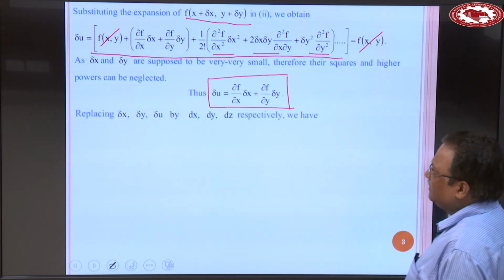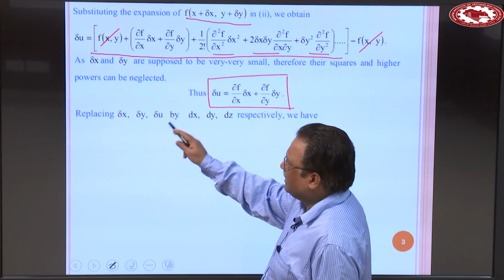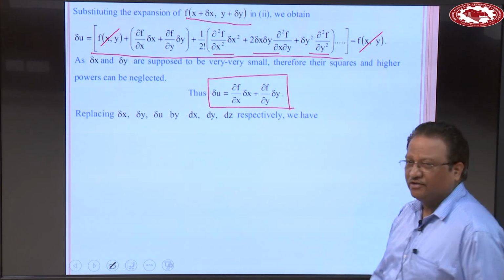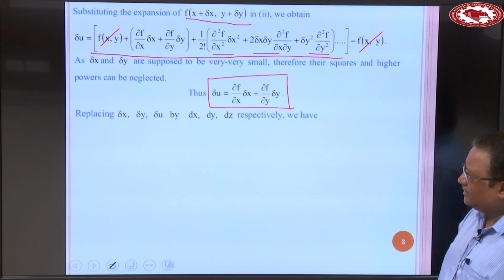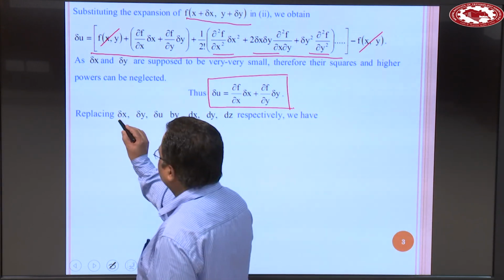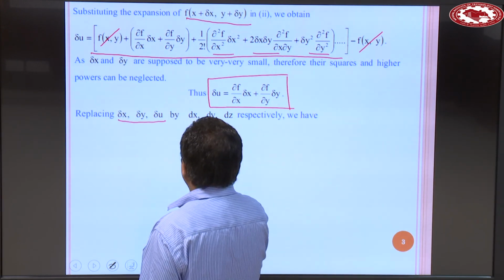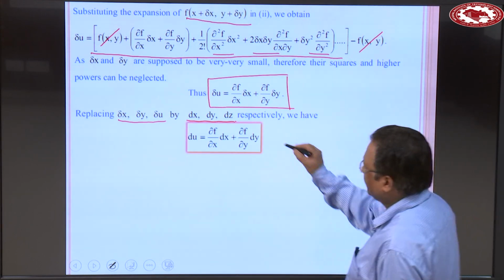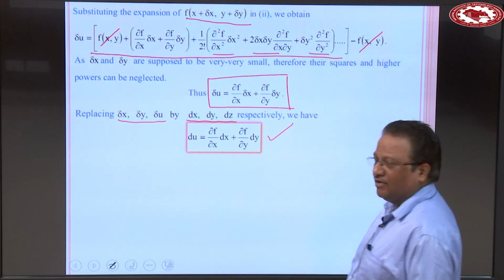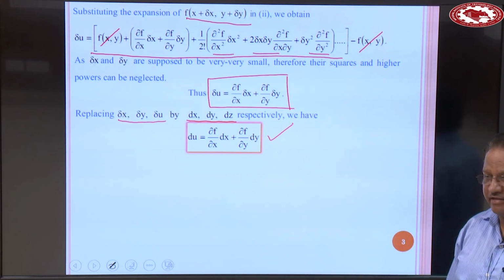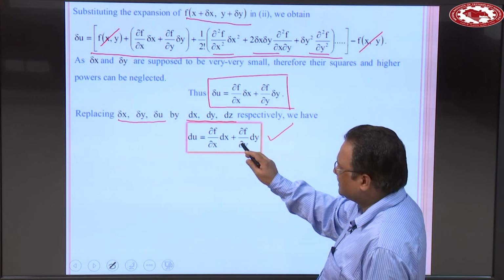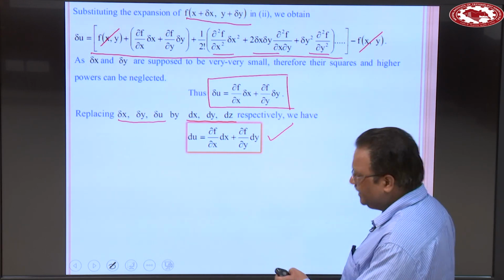So if you replace these small increments delta x, delta y, delta u by dx, dy, du respectively, then we obtain the required formula for evaluating the effect of small errors. So du is equal to ∂f/∂x dx plus ∂f/∂y dy.